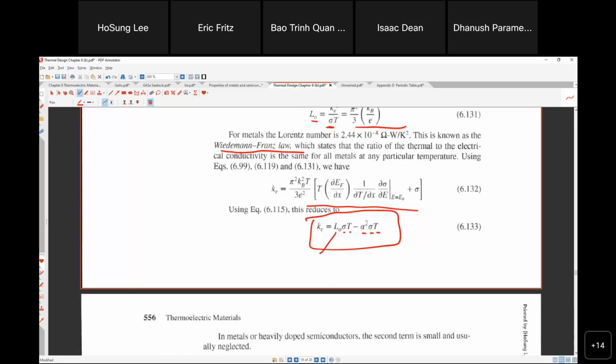So with a higher Seebeck, we can reduce it, although the Lorentz number is constant, because Z is alpha squared sigma over K_E plus K_L. So reducing is a better figure of merit.